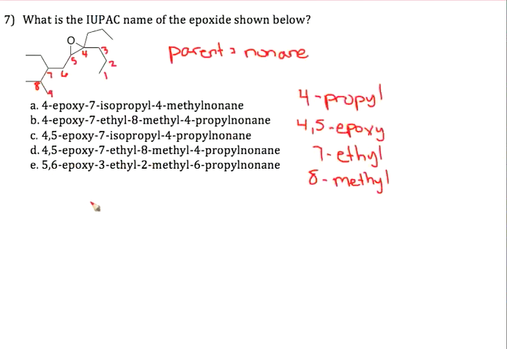Okay, so now we just put those substituents in the name in alphabetical order. So we start with epoxy, which is the lowest alphabetically, so we write 4,5-epoxy. Then next would be ethyl, so we write 7-ethyl.